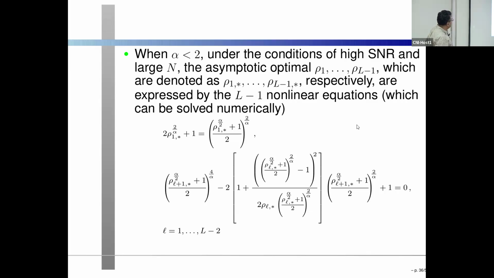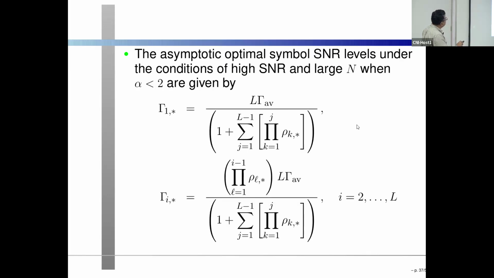And after that you have again this nested recurrence to solve for rho L plus 1 in terms of rho L. And then you can express gamma 1 star will be this, it is not 0, and this will be gamma I star for the others. This is for alpha less than 2.